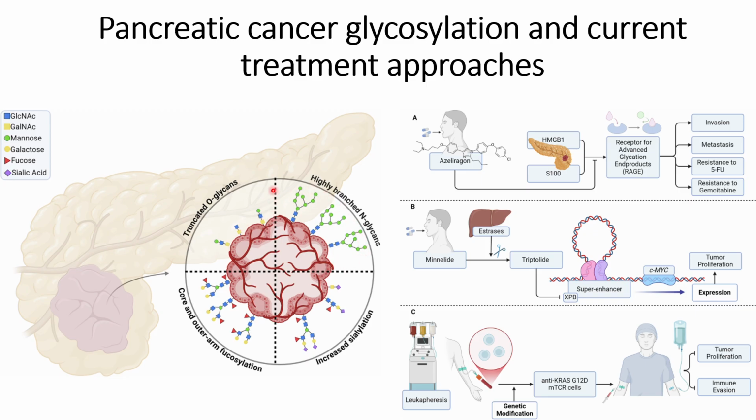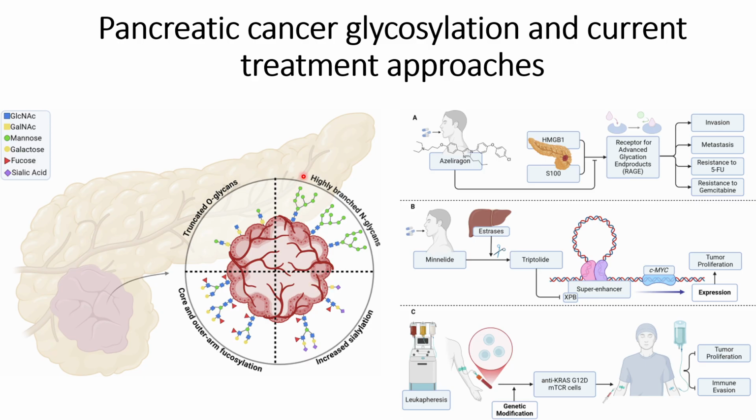In terms of the N-glycans, we can see highly branched N-glycans, increased sialylation, where the sialic acids are increased over these glycan structures, and core and outer arm fucosylation. The fucosylation can be seen in the outer arm of these glycan structures, and these things are not commonly found in normal pancreatic cells.